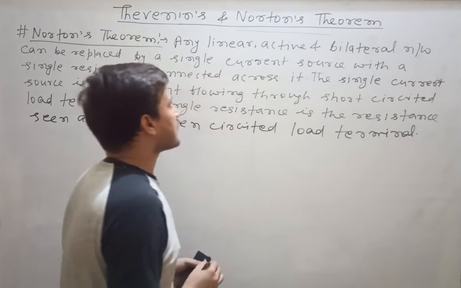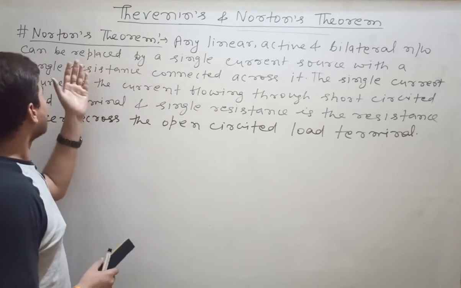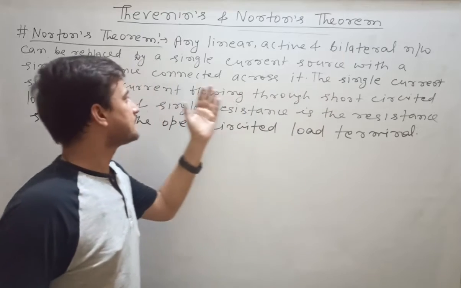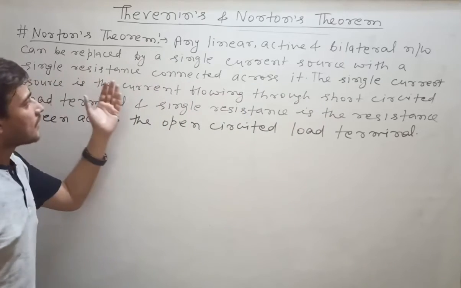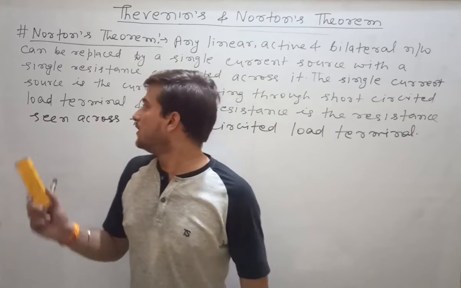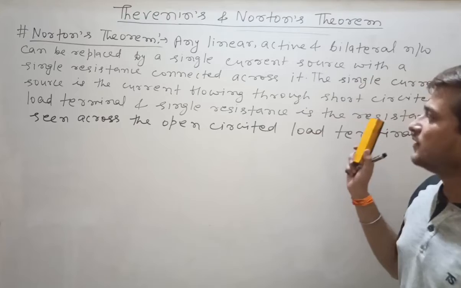This is saying that any linear active bilateral network can be replaced by a single current source with a single resistance connected across it. The single current source is the current flowing through the short circuited load terminal.